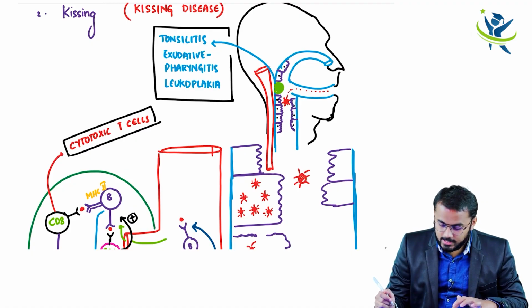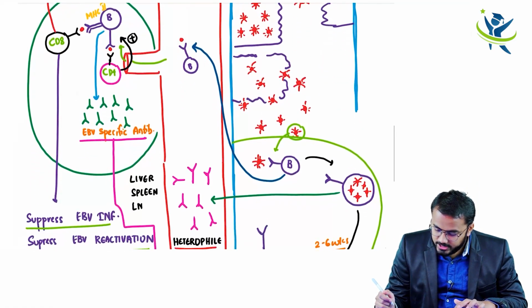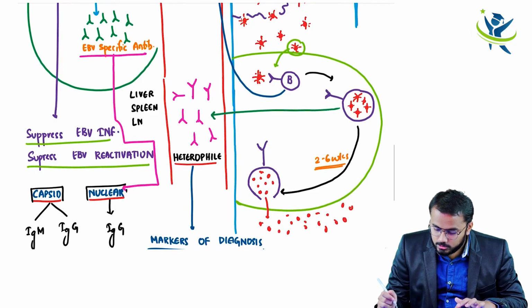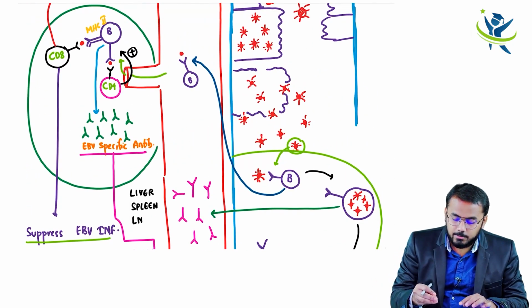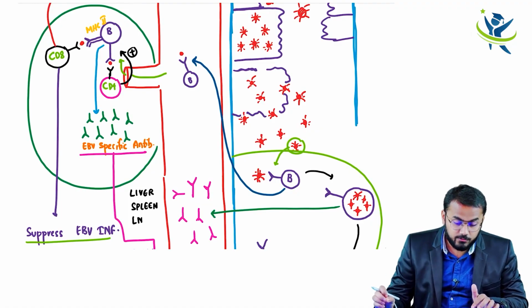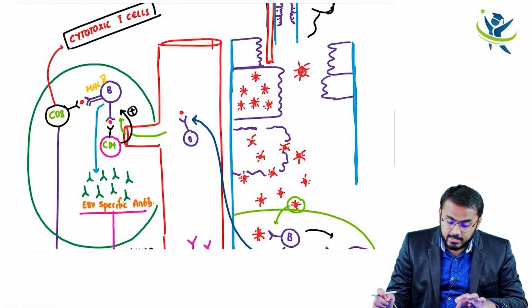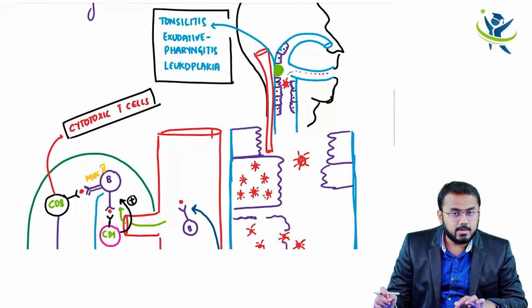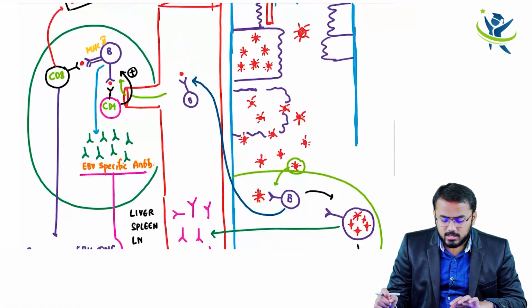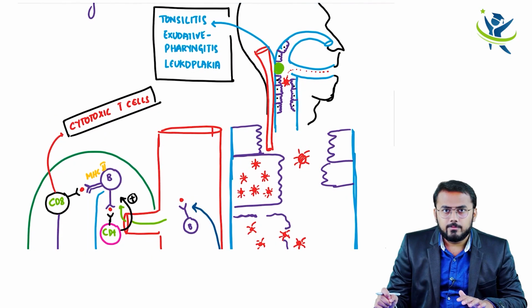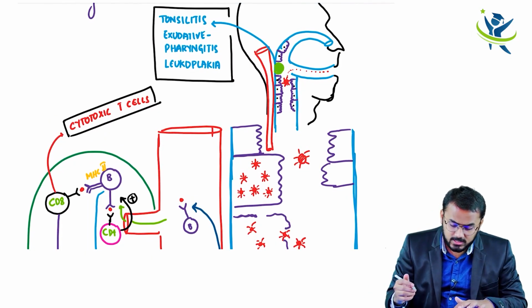Point number 2 is that this infection enters into your tonsils, causes tonsillitis. From there some B cells escape into the blood system. From there they go to the lymph node. When they enter into the lymph node, what is going to happen, guys? Don't you think the lymph node will swell up? When the virus enters into the lymph node, your lymph node swells up.